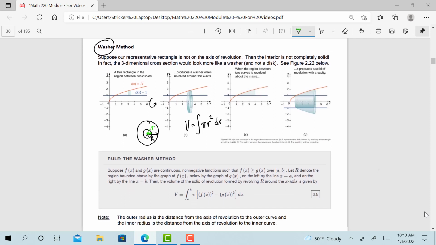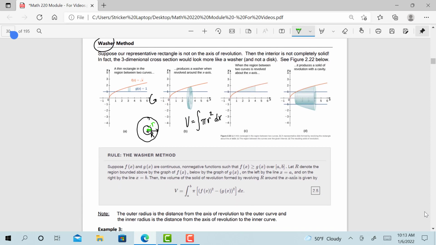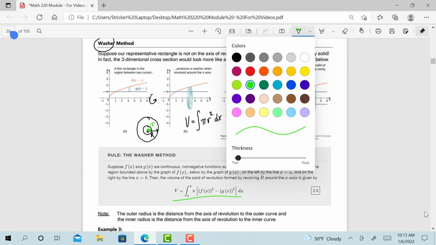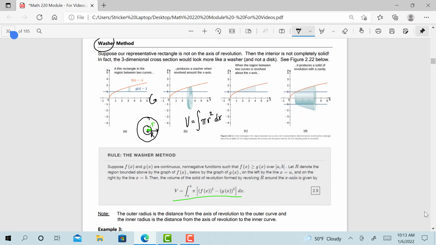And so our formula for the washer method looks like this. What's different about this is, again, instead of it being pi r squared, it's pi times R squared minus r squared, or the radius of that big disk minus the radius of the smaller disk where the hole is.